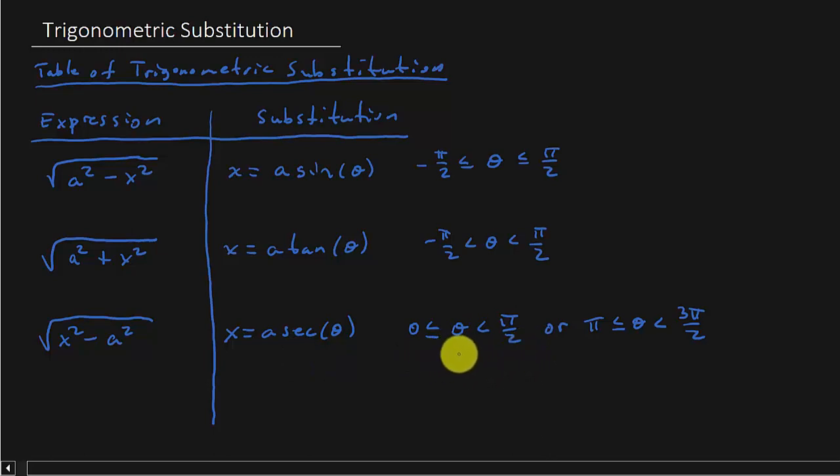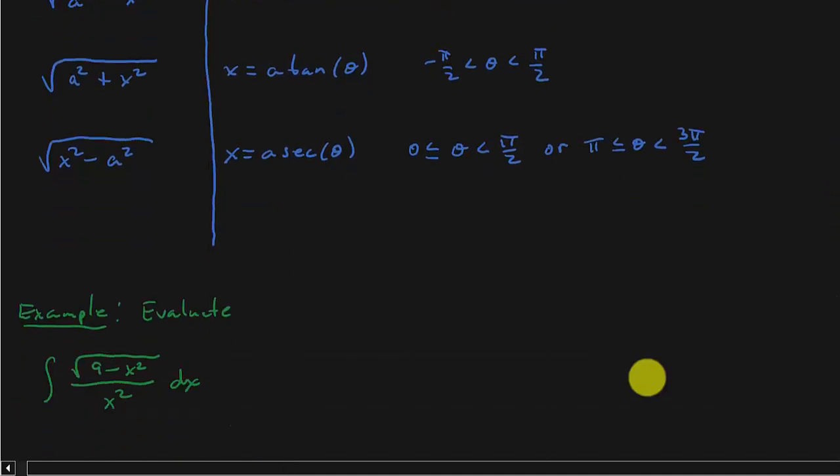Now notice the 0 is included, but the pi over 2 isn't. And here the pi over 2 is included, but the 3 pi over 2 is not, because at pi over 2 and 3 pi over 2, secant is undefined. All right, so let's go ahead and start working some examples.